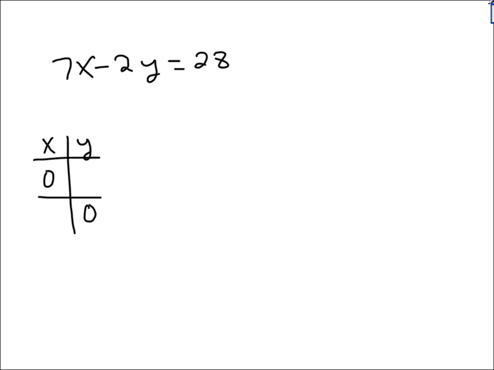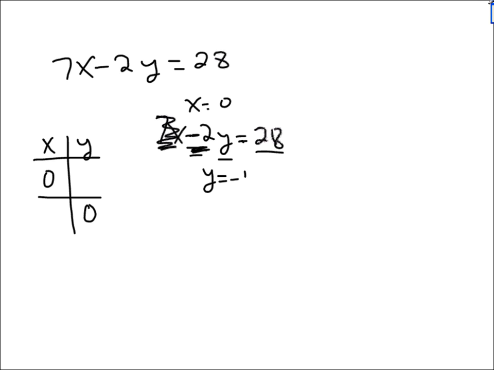Then let y be 0 and find x. If x is 0, then this term is not here. Negative 2 times some number is 28. A lot of students will say 14. Yes, 2 times 14 is 28, but this number is not 2. The number is negative 2. So y is negative 14.